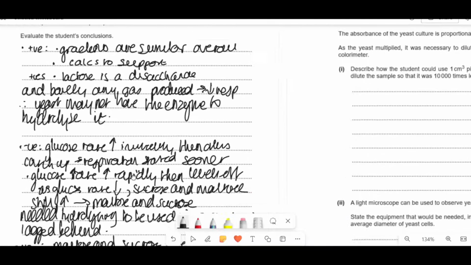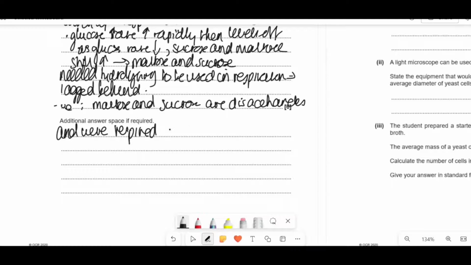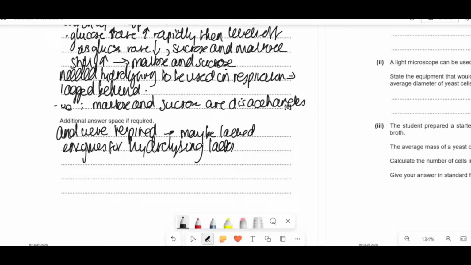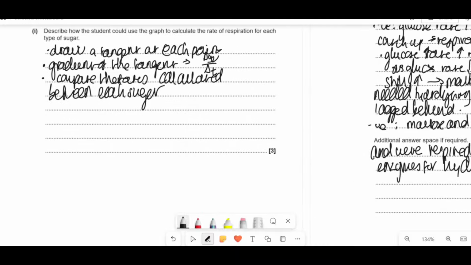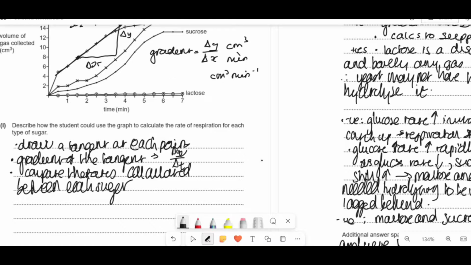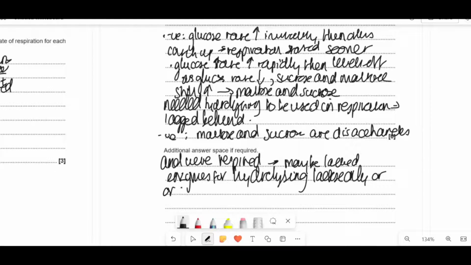So it's not disaccharides. It might have just been that they were unable to do it with lactose only. So maybe they lacked enzymes for hydrolyzing lactose only, or it couldn't absorb it. Maybe, because we can still see there's a little bit going on here, they might not have absorbed very much, or couldn't absorb its products.